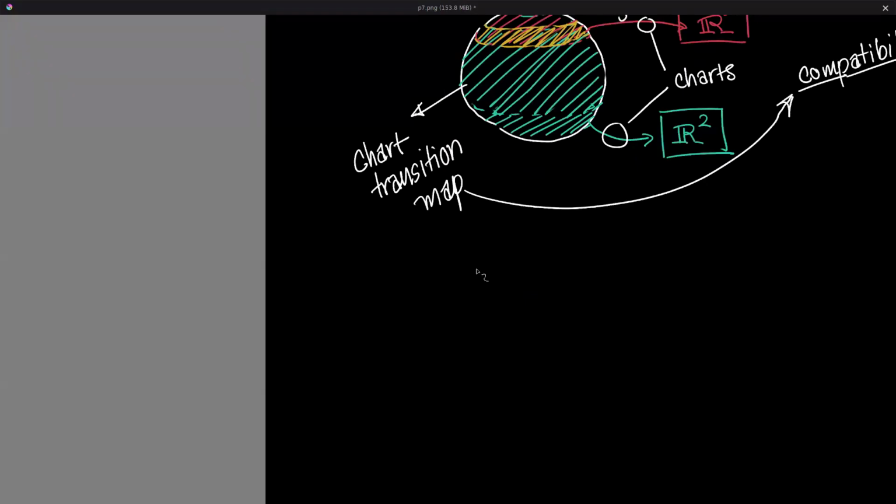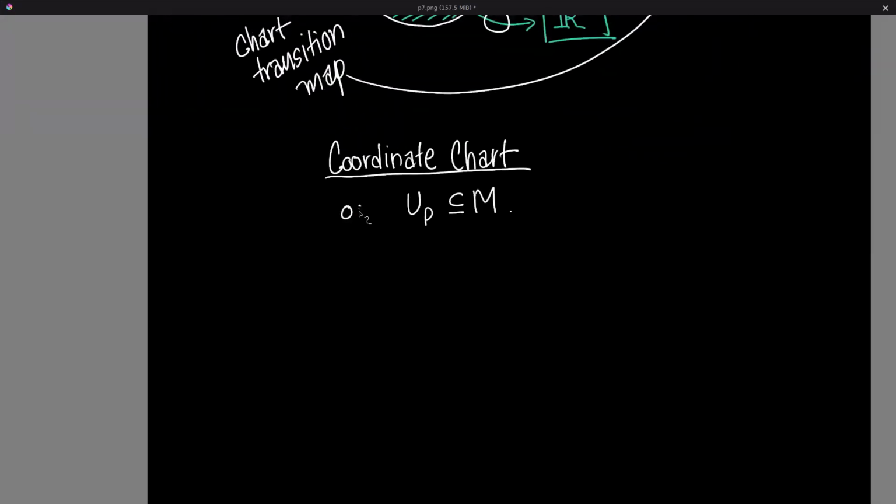So what is a chart or a coordinate chart? Let's take an open set U subset of M, and I'll write open here as a mnemonic.